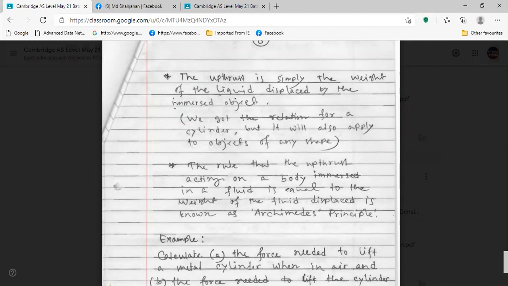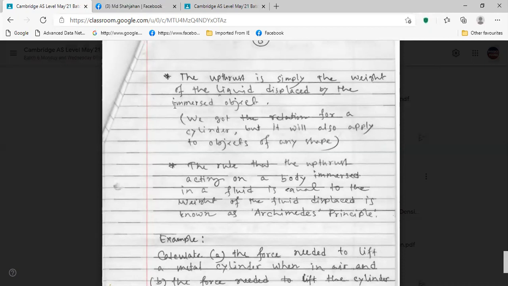So we got the relation for a cylinder, but it will also apply to objects of any shape. Point two: the rule that the upthrust acting on a body immersed in a fluid is equal to the weight of the fluid displaced is known as Archimedes' principle.